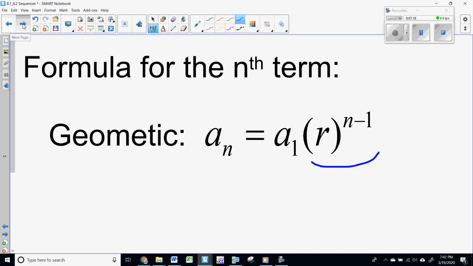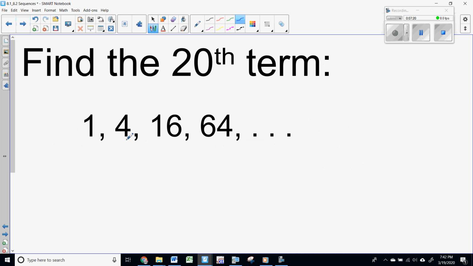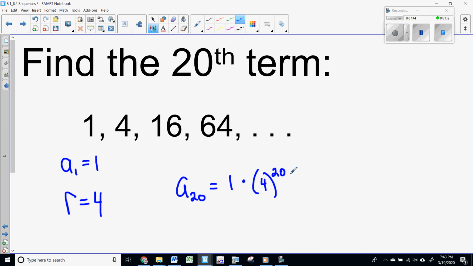So let's look at an example. Find the 20th term. Well, first we need to find our first term, which is just 1. And we need to find our r. How do we find what we multiply by to get our next term? In this case, we've already looked at this example. It's 4. So a sub 20 is going to be 1 times 4 to the 20 minus 1.